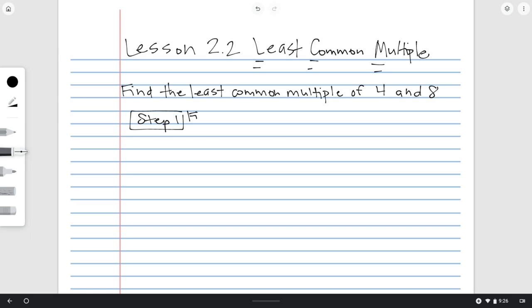Find the multiples of each number. Okay.